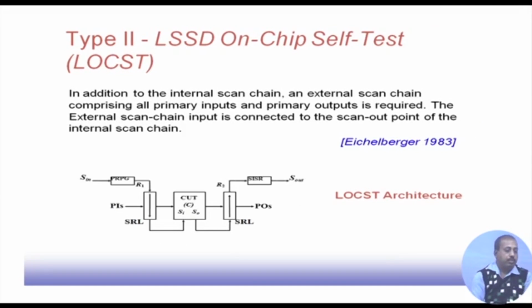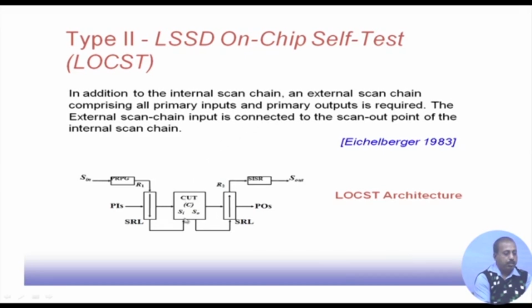Another approach that we can have is LSSD, that is level sensitive scan design, that we have seen previously for on chip self test, called low cost. In addition to the internal scan chain, an external scan chain comprising all primary inputs and primary outputs is required.